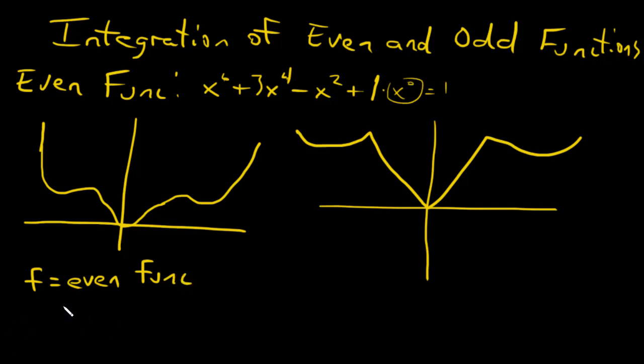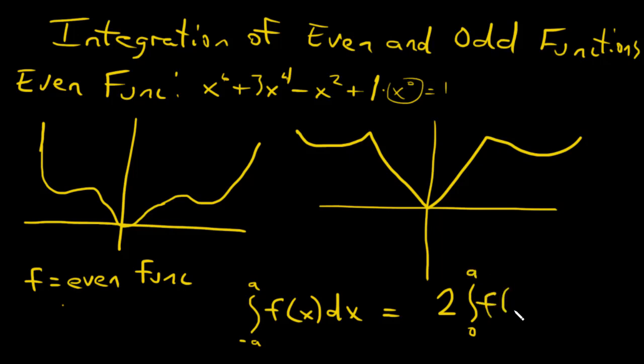Well, the integral from negative a to positive a of f of x dx is equal to 2 times the integral from 0 to a of f of x dx. The left side is exactly the same as the right side as far as the look of the function.